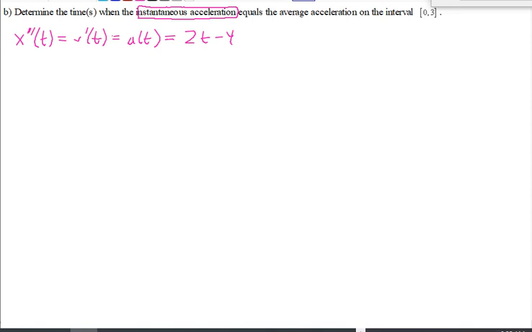And we want to know when does that equal the average acceleration on the interval 0 to 3. So average acceleration, again, average is 1 over b minus a, 1 over 3 minus 0, integral from 0 to 3 of whatever we're finding the average of. In this case, it's velocity. Sorry, acceleration. So acceleration a of t.